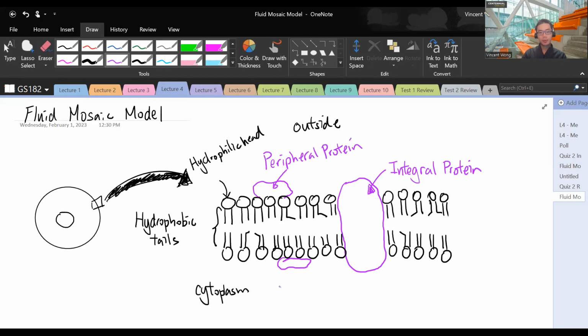Okay, so here's another one. Think about peripheral protein like toppings on a pizza. They just lie on the top, doesn't go all the way through, right? Integral protein is more like raisin in a raisin bread. You can see the whole thing from both sides.